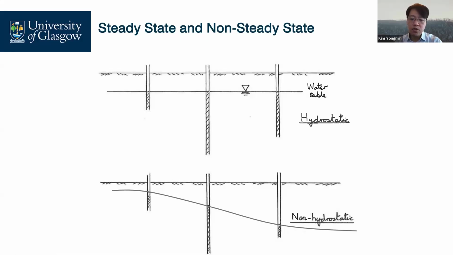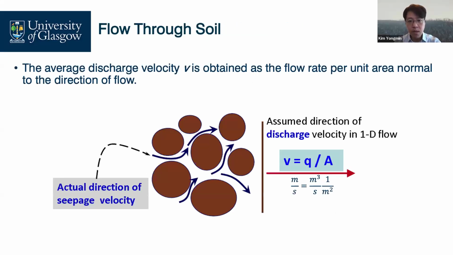So now it's time to take a closer look at the soils. On a microscopic scale, the water flows a very tortuous path between the soil particles, looking for the channels in the void space.